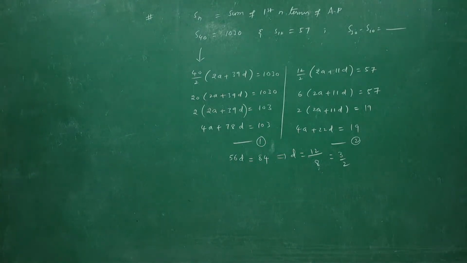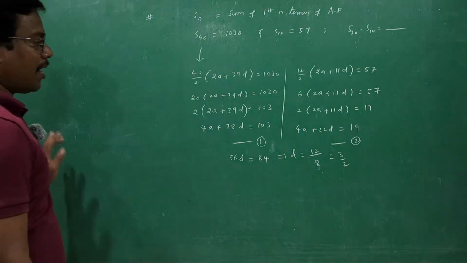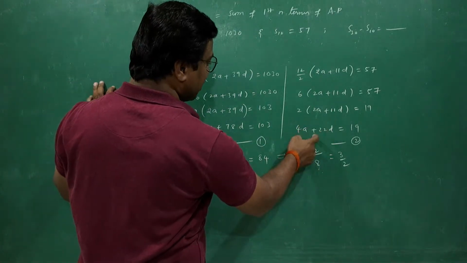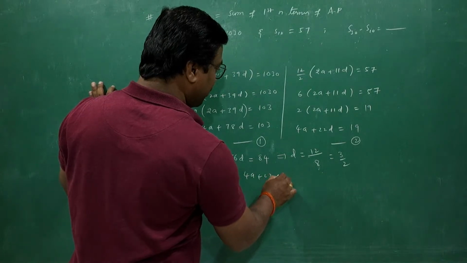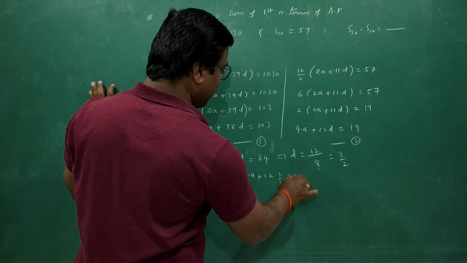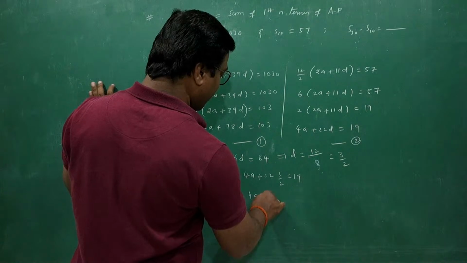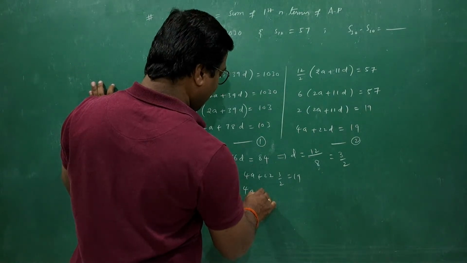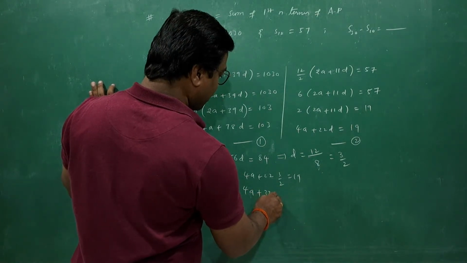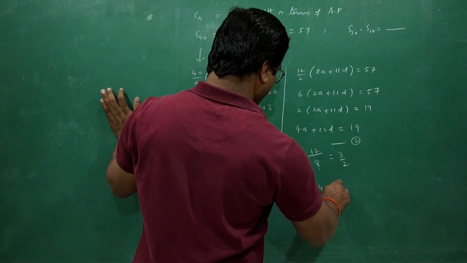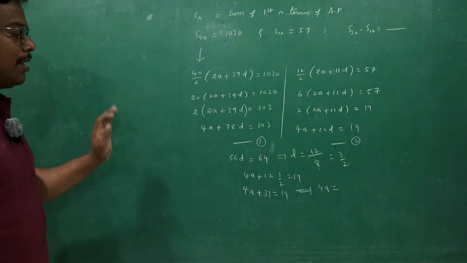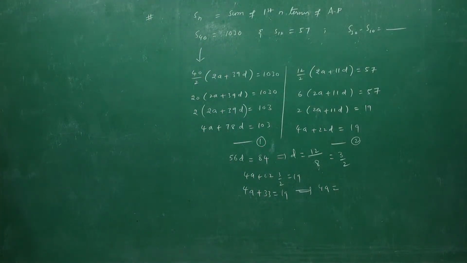Next, substitute the d value 3 by 2 in either 1 or 2, then that gives the value of a. Which one is easy? This one is easy. Replace in this: 4a plus 22 into d, 3 by 2, equal to 19. 4a plus 33 equal to 19. 4a equal to 19 minus 33.